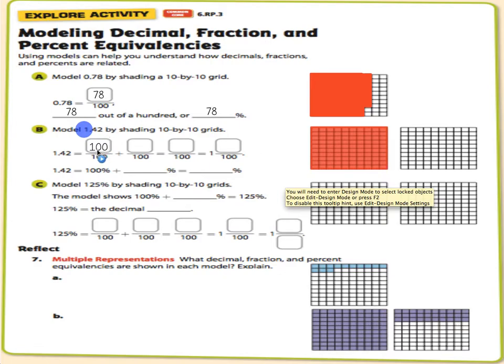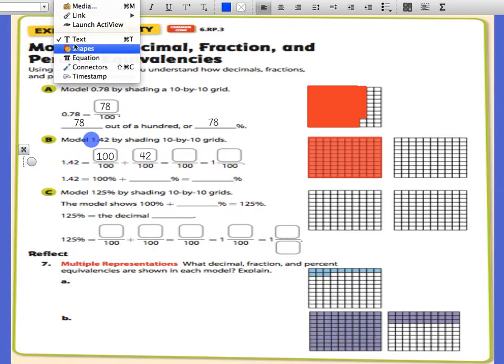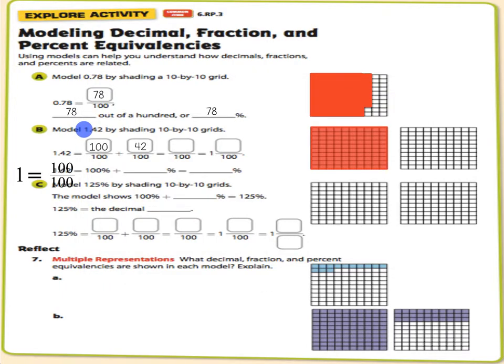So I have 100, but I also have 42 hundredths. So just in case we're confused here, that 1 whole is equal to 100 out of 100. Okay, because when we're talking about percents, everything is out of 100.